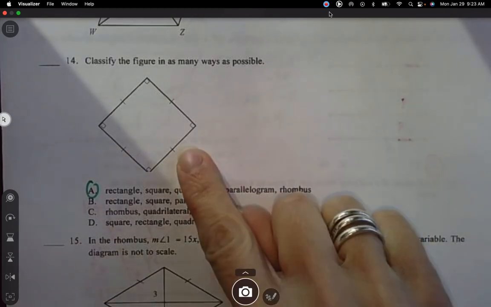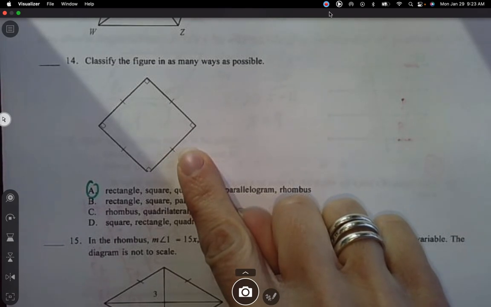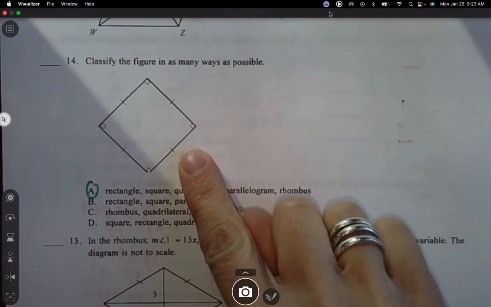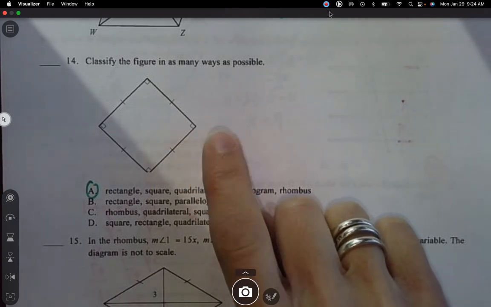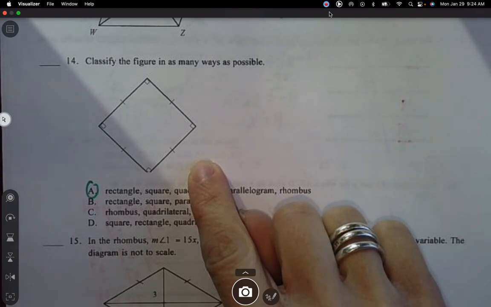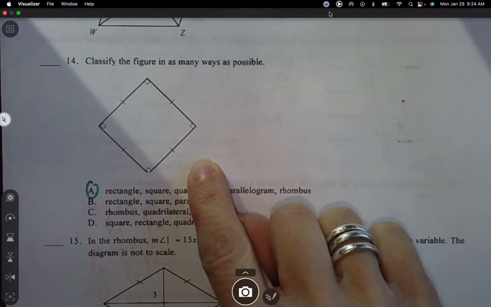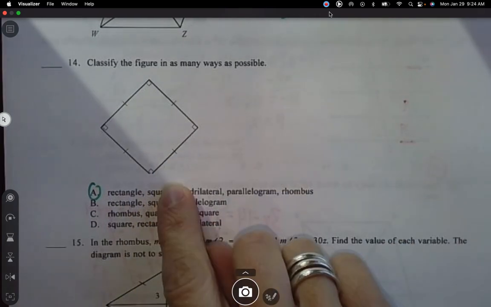It's a rhombus because all the sides are equal. It's a square because 90-degree angles and all sides are equal. It's a rectangle because all the angles are 90.